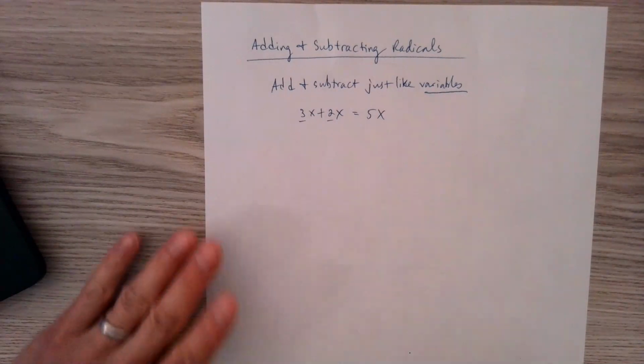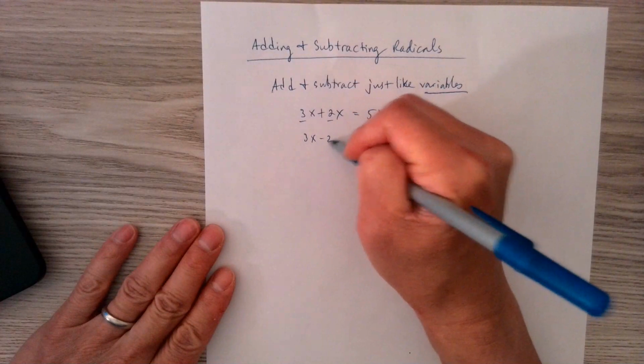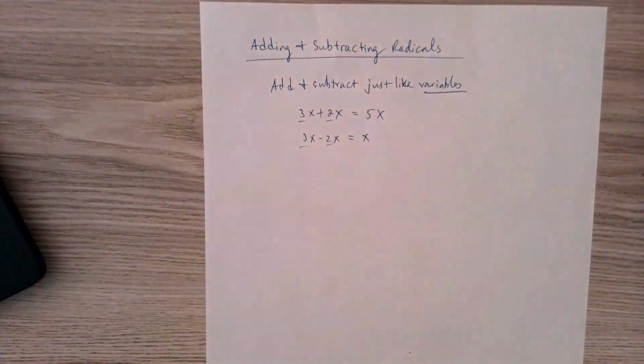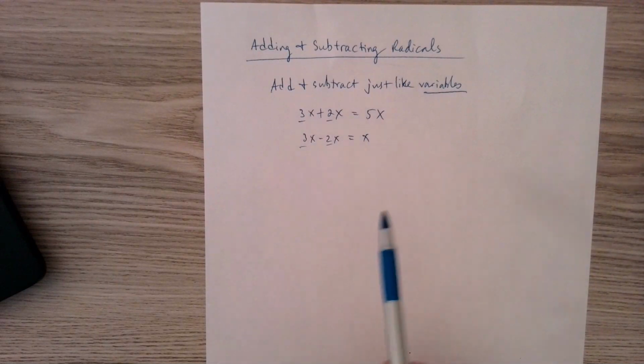And if you're subtracting, you are only going to subtract the coefficients, right? 3x minus 2x, you now have 1x. So when you're adding and subtracting radicals, the radical acts just like the variable does in these two examples.